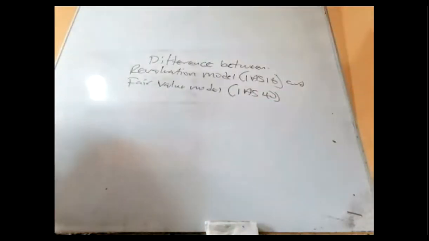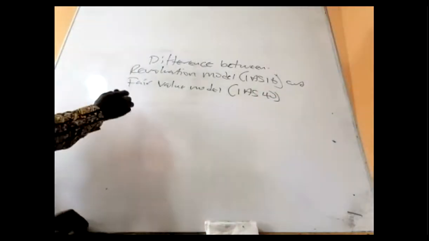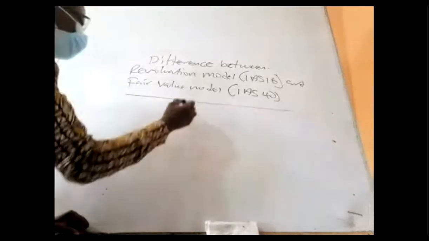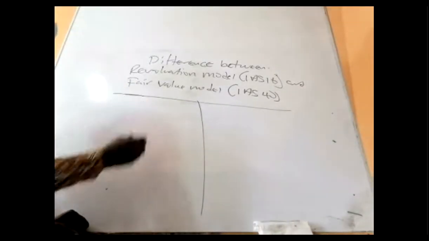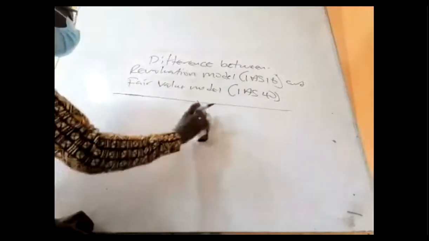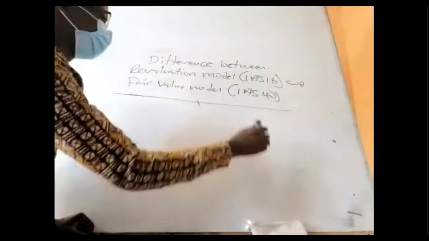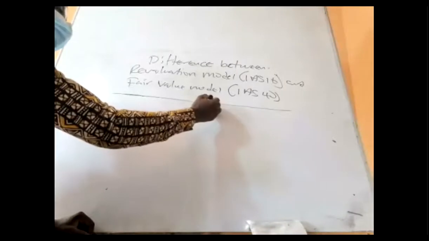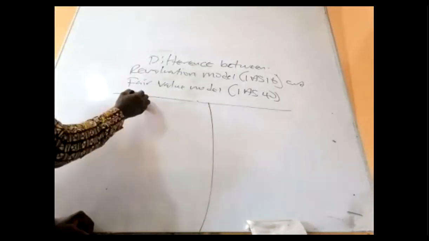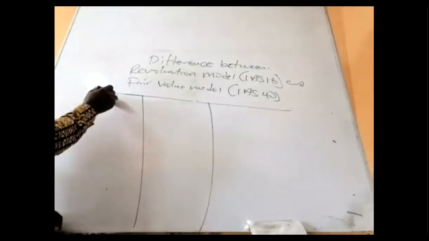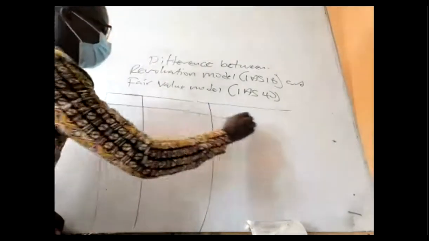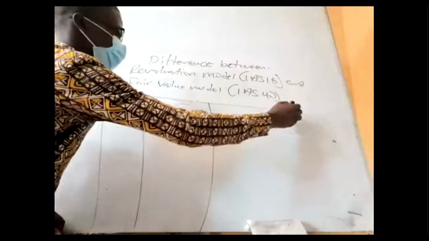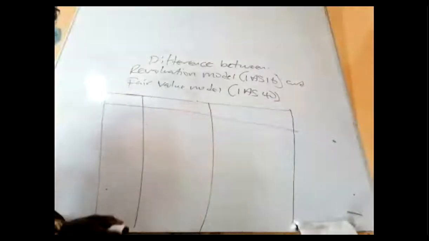Good. What's the difference? I'll give you 4 of these differences, and then you look out for one. At least you should know 5 of them. So after my 4, you look out for 1, and those that add the 1 will smile in the exams.